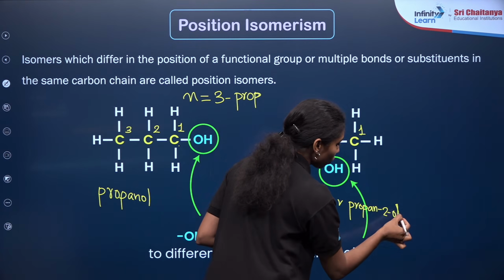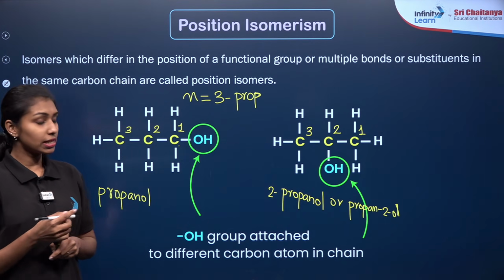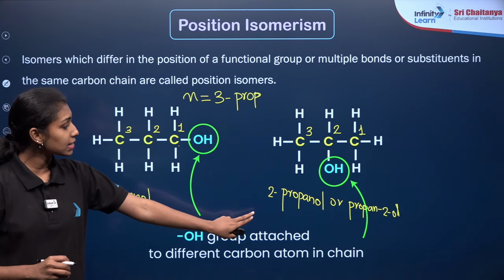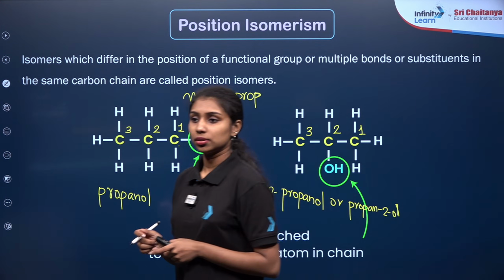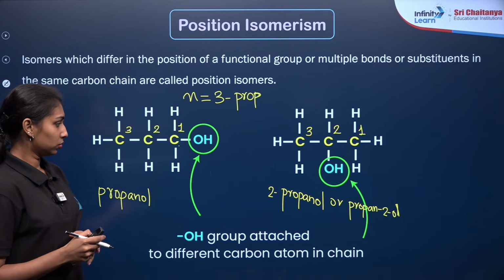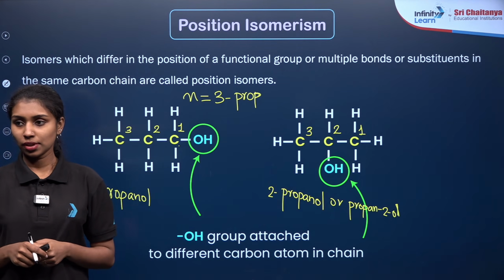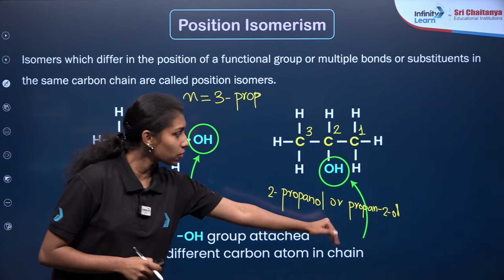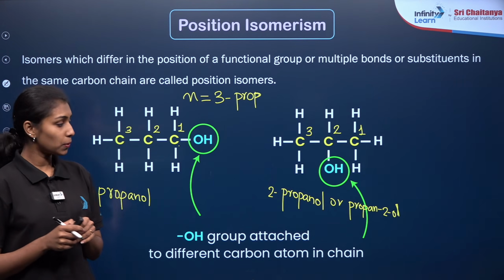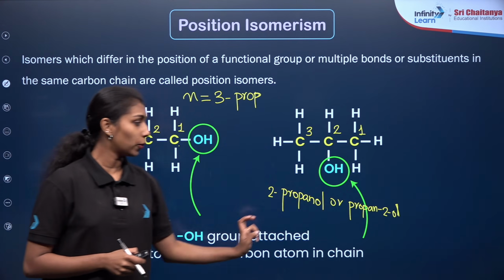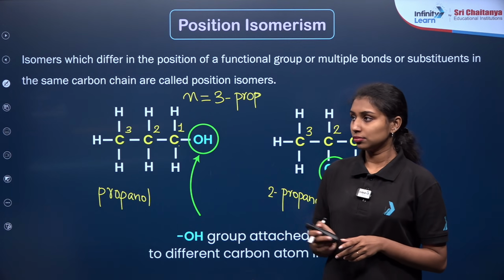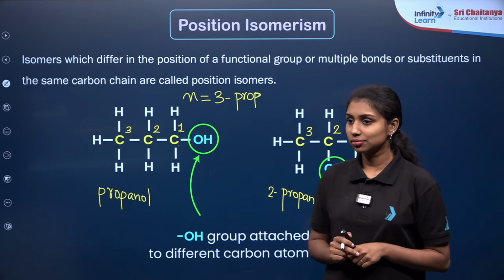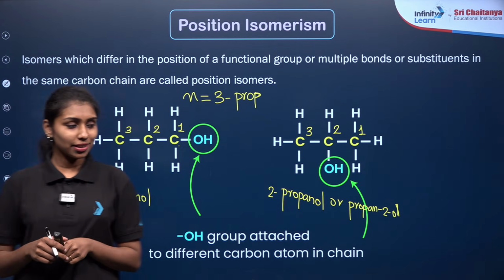The difference is the position of the OH group in these two compounds. That's why these compounds are known as position isomers. Is that clear? Yes, 2-propanol or propan-2-ol is also fine. You need to mention the position of the OH group present in the compound. Okay, Shyam, what is the doubt here?